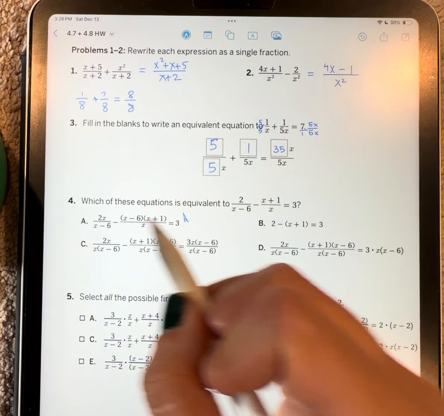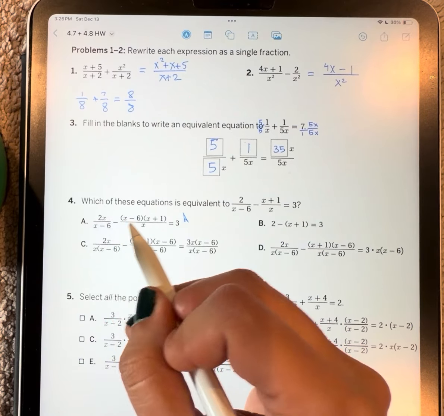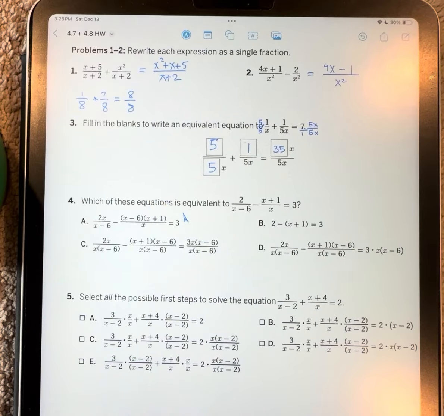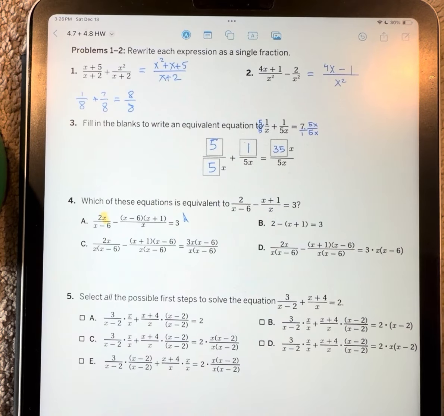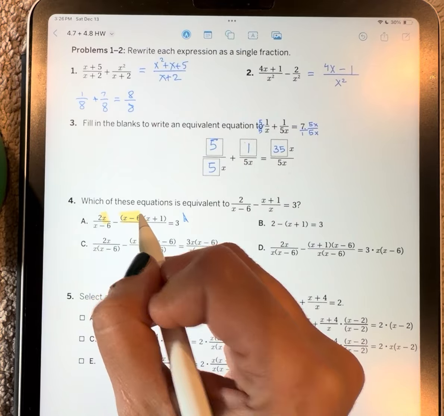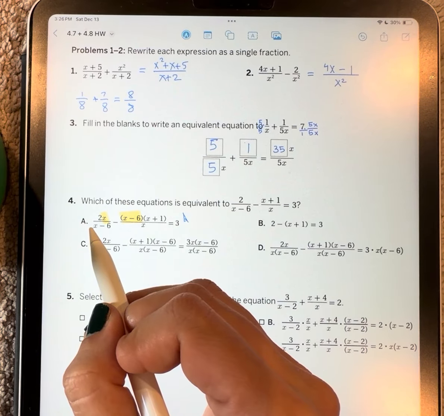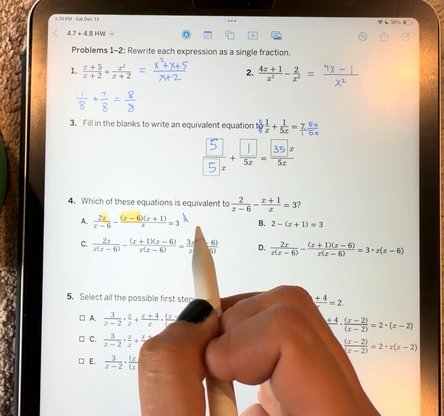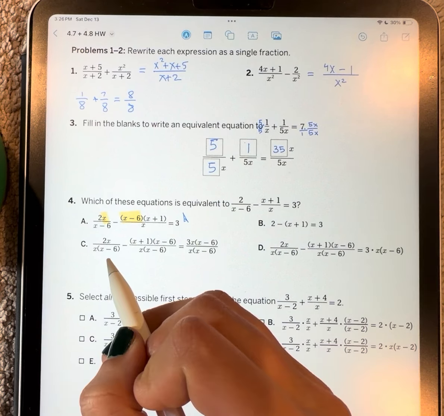They multiplied the 2 by x, and then this fraction by x minus 6 just on the numerators. And I don't see, if they did something weird, like throw an x in right there and throw an x minus 6 in right there, that's fine. But I would have needed to see the same thing happening to the denominators or the same thing happening to this side of the equation. And I'm not seeing either of those happen. So that's a no. Let's look here.